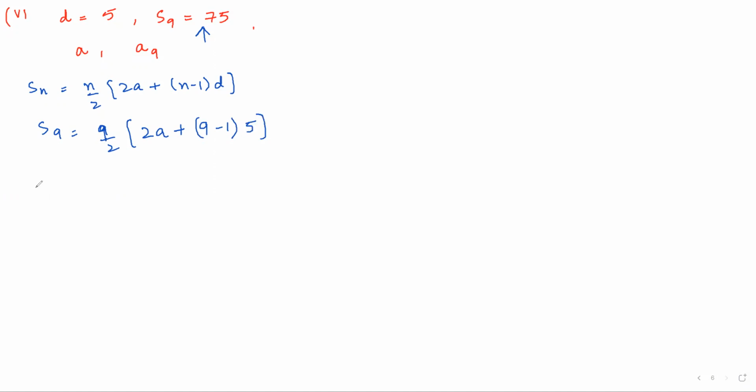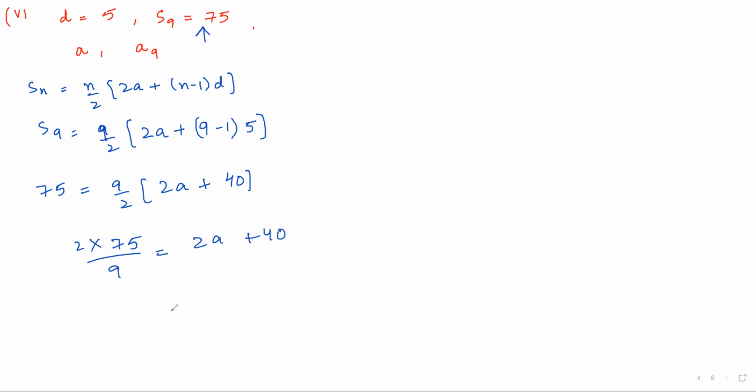So S9, that is 75, is equal to 9 by 2 into 2a plus 8 into 5 is 40, right? You have to find a. So you do cross multiplication. So 2 into 75 divided by 9 is equal to 2a plus 40, right?